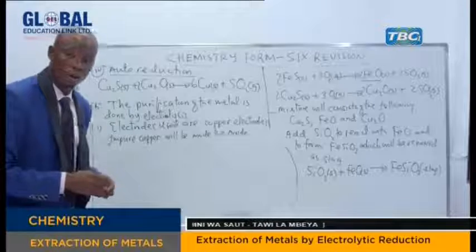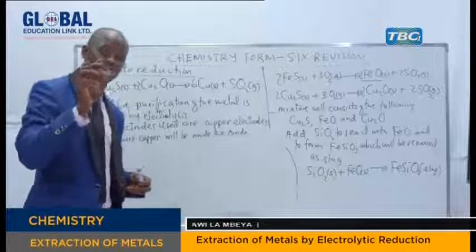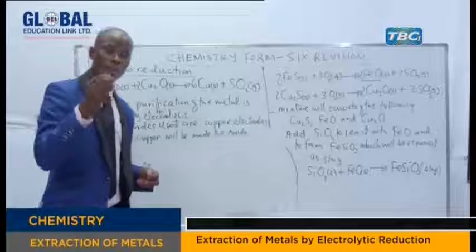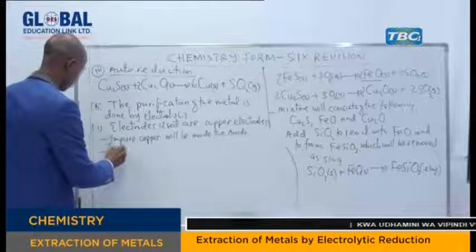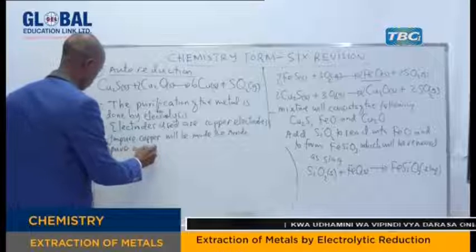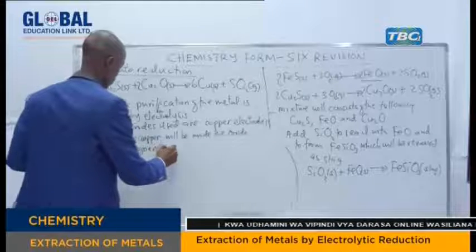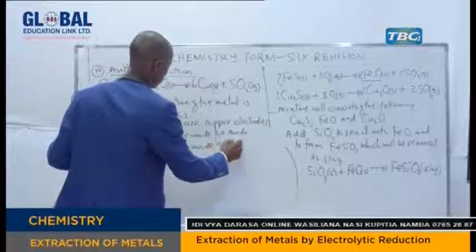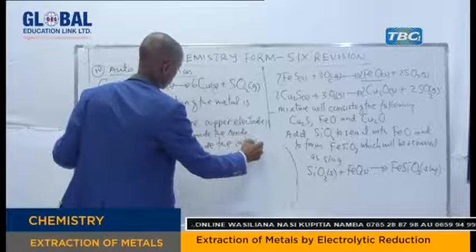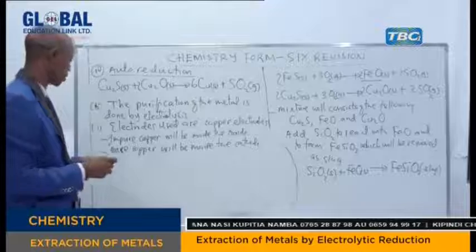The impure copper will be made the anode, and the pure copper will be made the cathode.